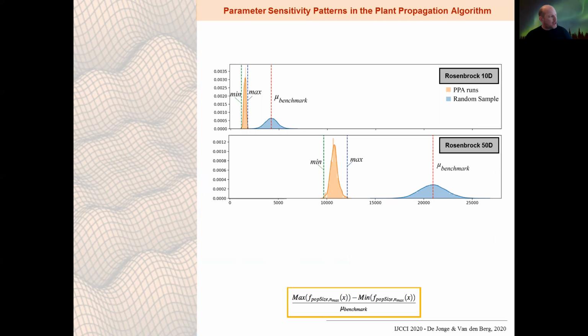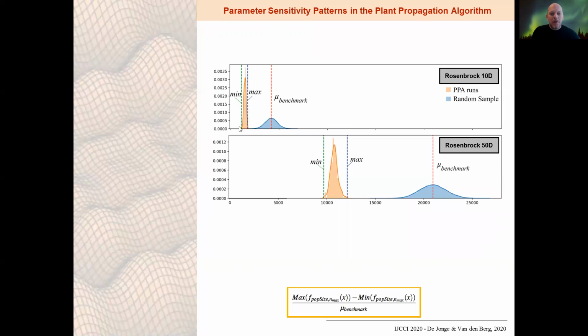So the planned propagation algorithm, as most evolutionary algorithms, starts off with random solutions. And here in this blue hump, you can see the random solutions of 10,000 initial values. And then after it starts running, it starts doing its magic, it starts approaching 0, it starts going towards the bullseye.